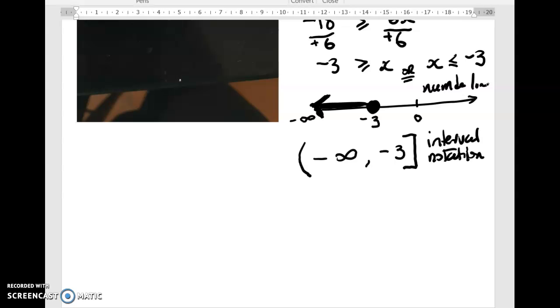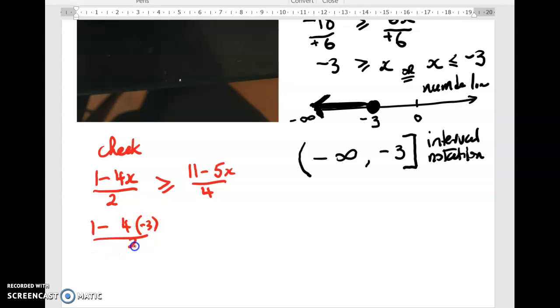All right, now let's check our answers. So the original equation was 1 minus 4x over 2 is greater than or equal to 11 minus 5x over 4. So we're substituting minus 3, so that's 1 minus 4 times minus 3 over 2, and 11 minus 5 times minus 3 over 4.